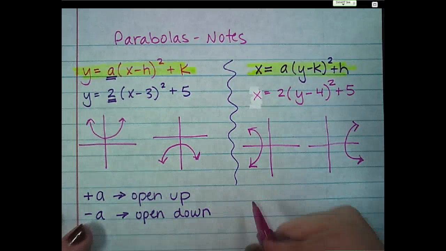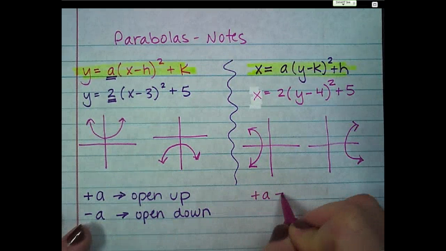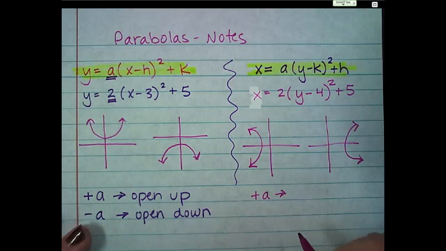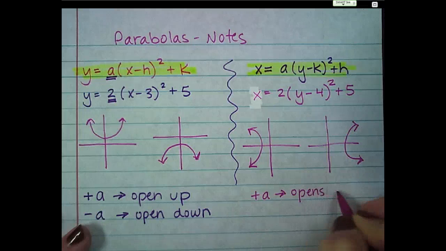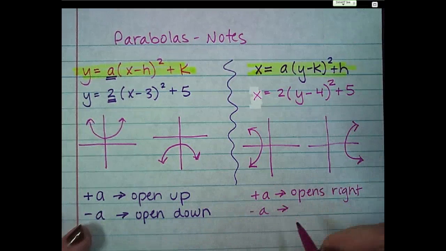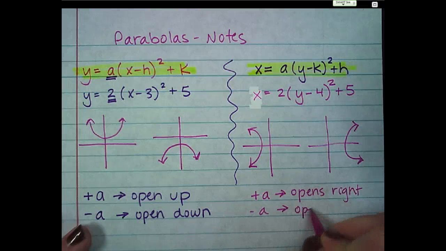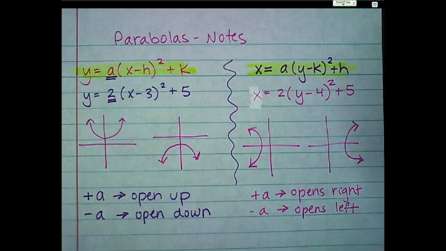Now, if you have a positive A, guys, which way do you think it's going to go, left or right? Right. Good. It opens right. And if you have a negative A, which way do you think it's going to open? Left. Correct. It opens left. Okay, so that's kind of it in a nutshell.